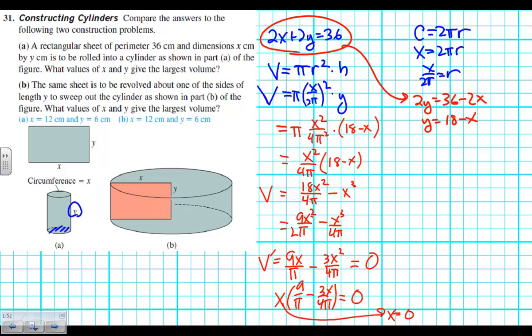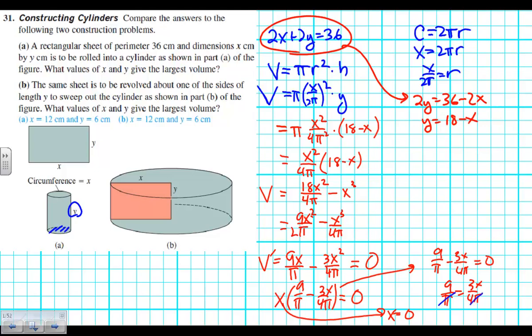So while it makes the derivative equal 0, it really doesn't help us. When we set the other factor equal to 0, we get 9 pi minus 3x over 4 pi equal to 0, so 9 pi is equal to 3x over 4 pi. If I multiply both sides by pi, the pi's go away.